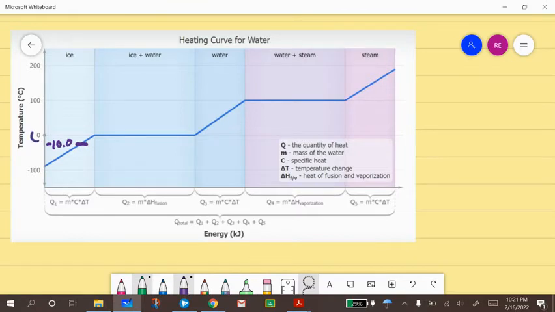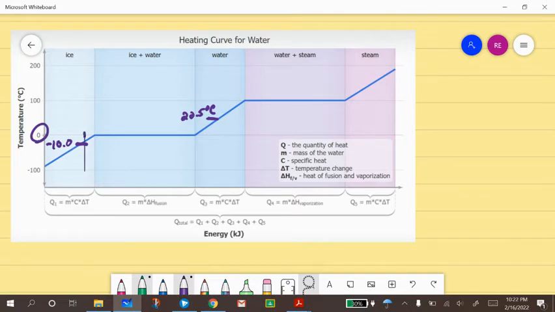And we know melting happens at 0 degrees Celsius. And then we're heating it up to over 0 degrees Celsius, to 22.5 degrees Celsius. This isn't really to scale very well, but I'm trying to give you an idea.